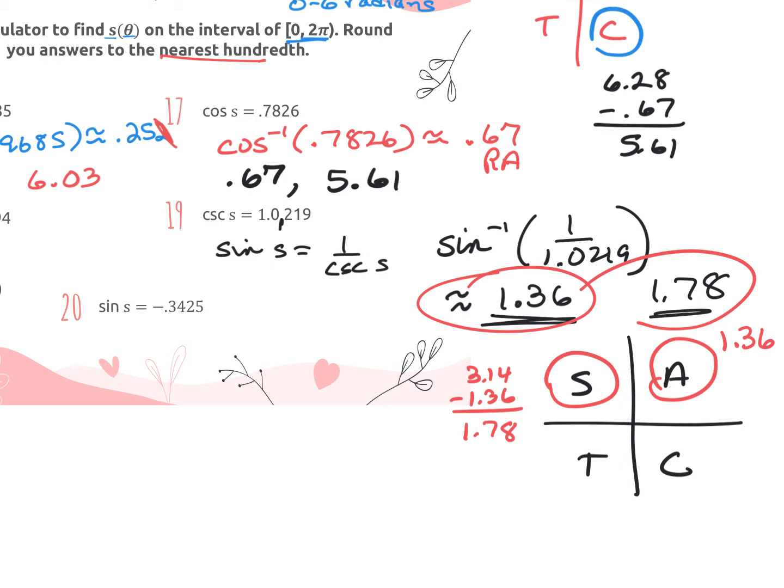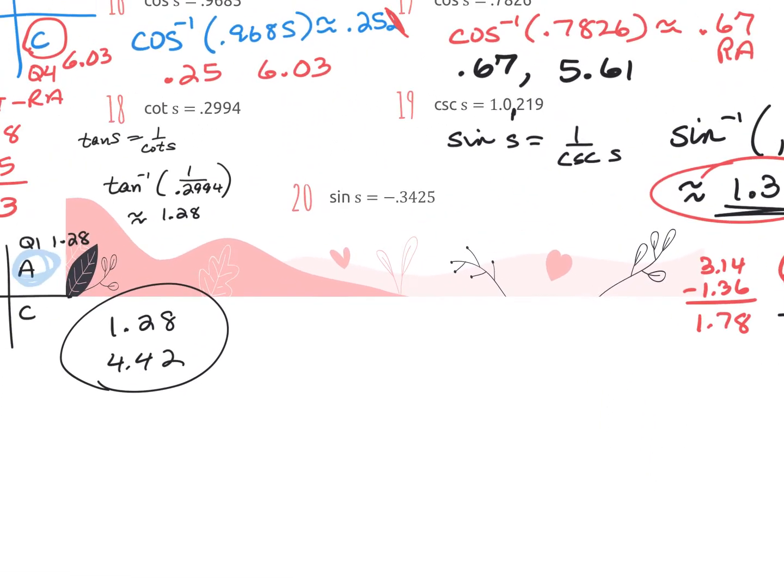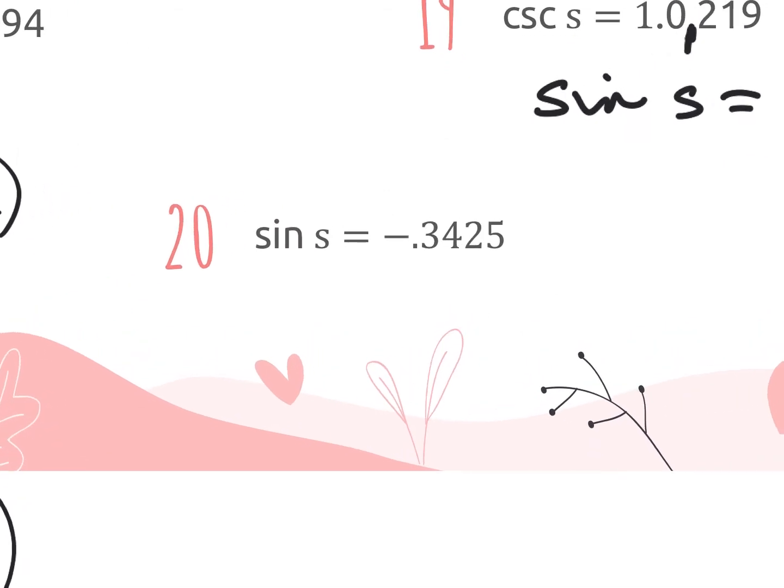The last one on this page, again, is sine. Now, whenever you're looking for an angle measure, if you were to put this in your calculator as it is, sine -1, and enter it as a negative answer, you're not going to get the reference angle from quadrant 1. You need to enter this as positive.